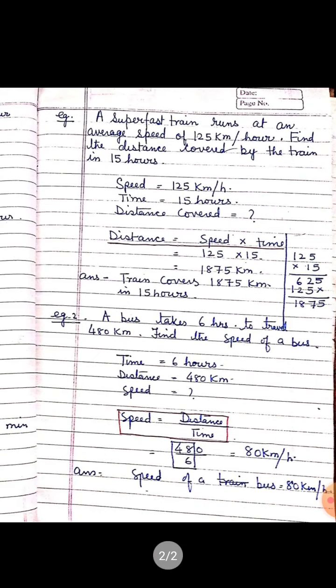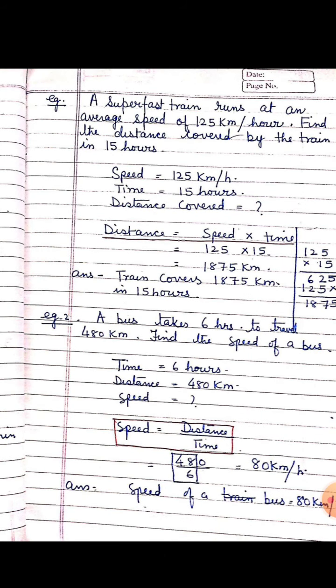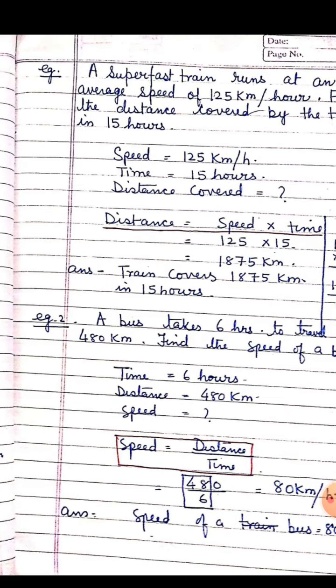Here, a super fast train runs at an average speed of 125 km per hour. Find the distance covered by the train in 15 hours. Here children, you can see two things are given. First one is the speed of the train, 125 km per hour, and the time taken by the train, that is 15 hours. Now you have to find out the distance.